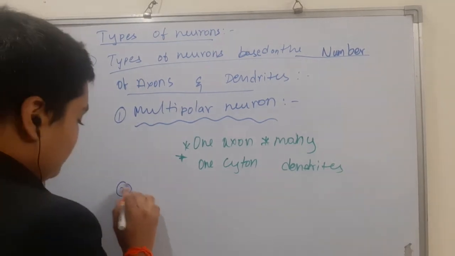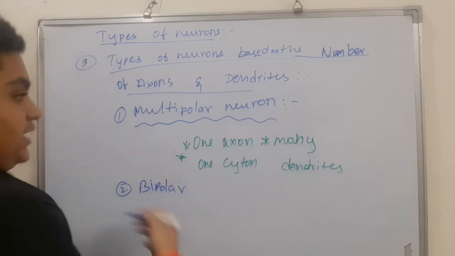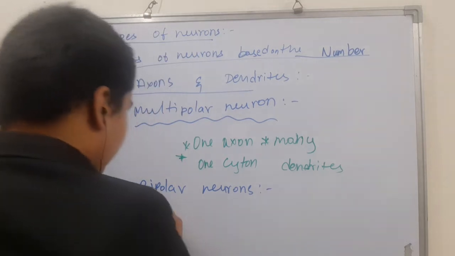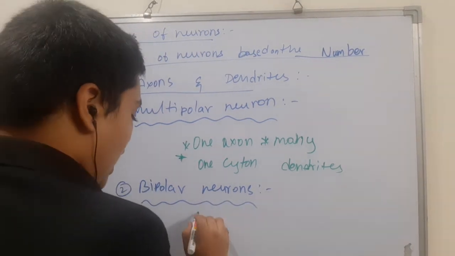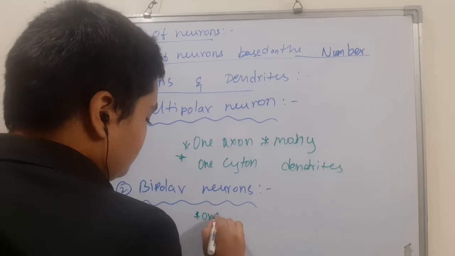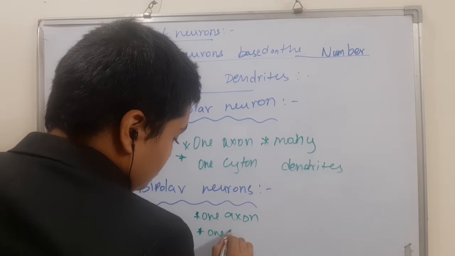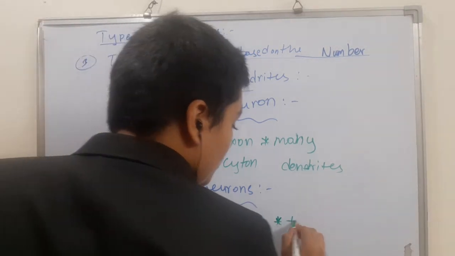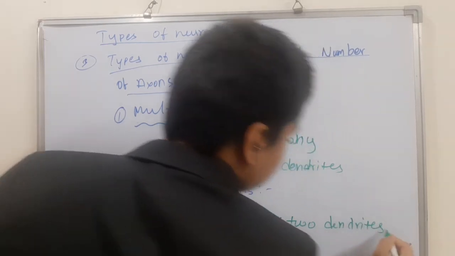But there is a second type of neurons called bipolar neurons. By now, you could guess what these bipolar neurons are. Yes, if your guess is correct, they have one axon, one cyton, and only two dendrites.